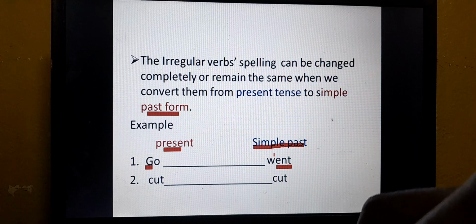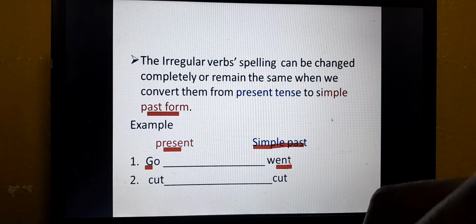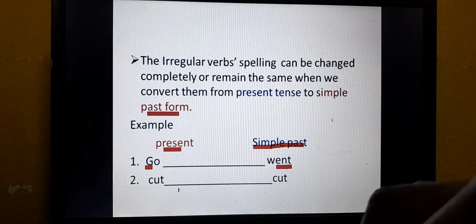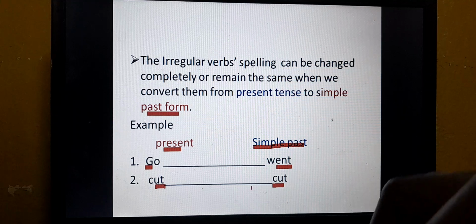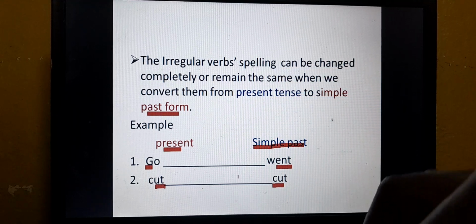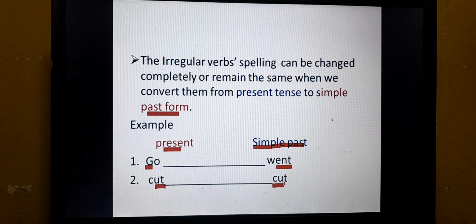So there is a total difference between verb 1 go and verb 2 went. Okay, cat: this one is the present one and this one is the past. So there is a big similarity between the past and the present one. These are some characteristics of irregular verbs when you are trying to change from present to past.